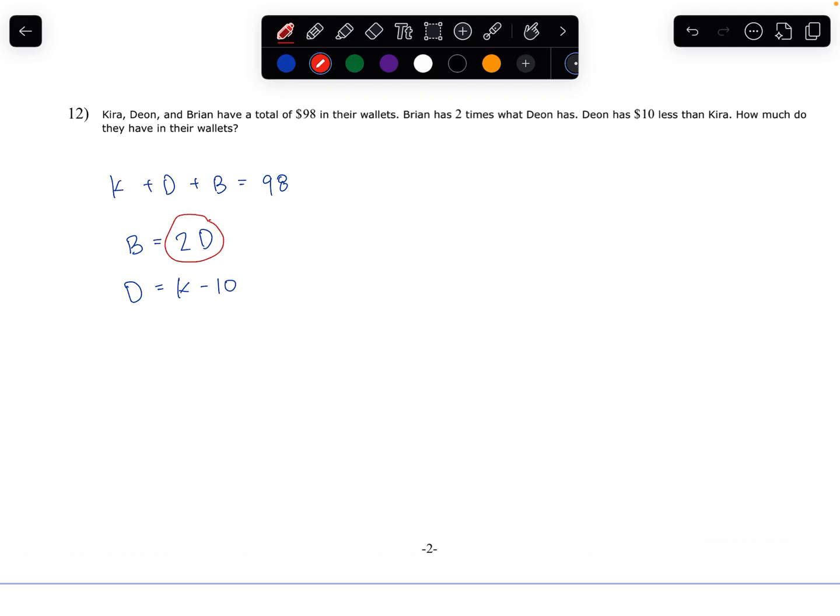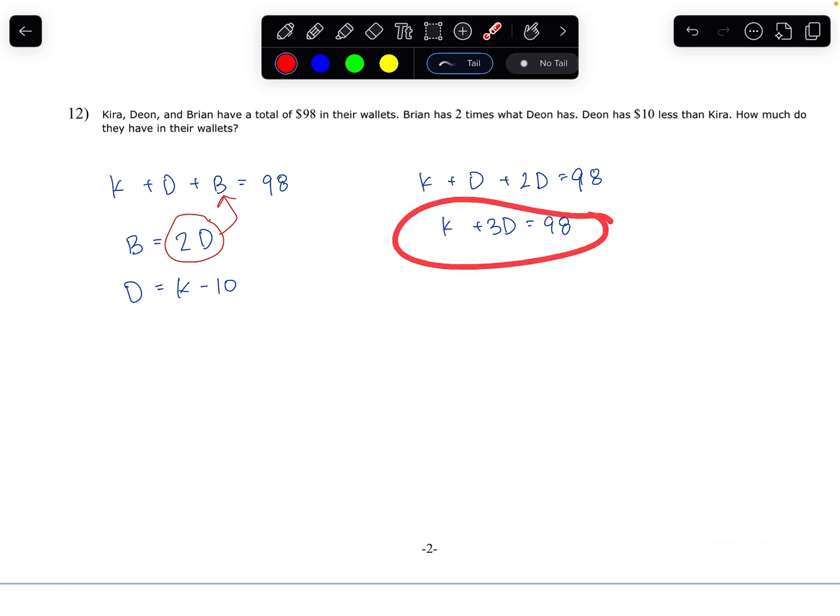So we can substitute this 2D for this right here. So I would have K plus D plus 2D equal to 98. But this still isn't quite useful because I have the K right here. So I can simplify this to be K plus 3D is equal to 98. But I can't solve for anything here because I have two variables.